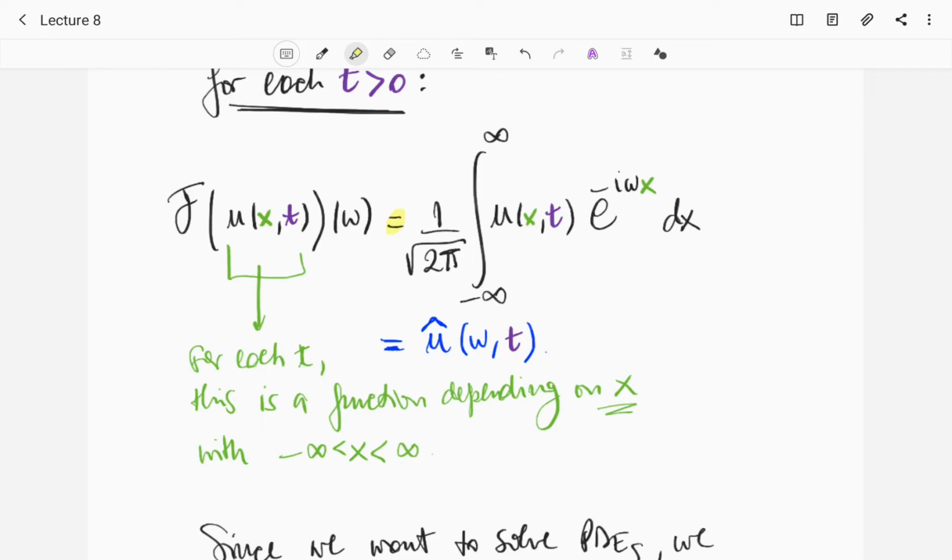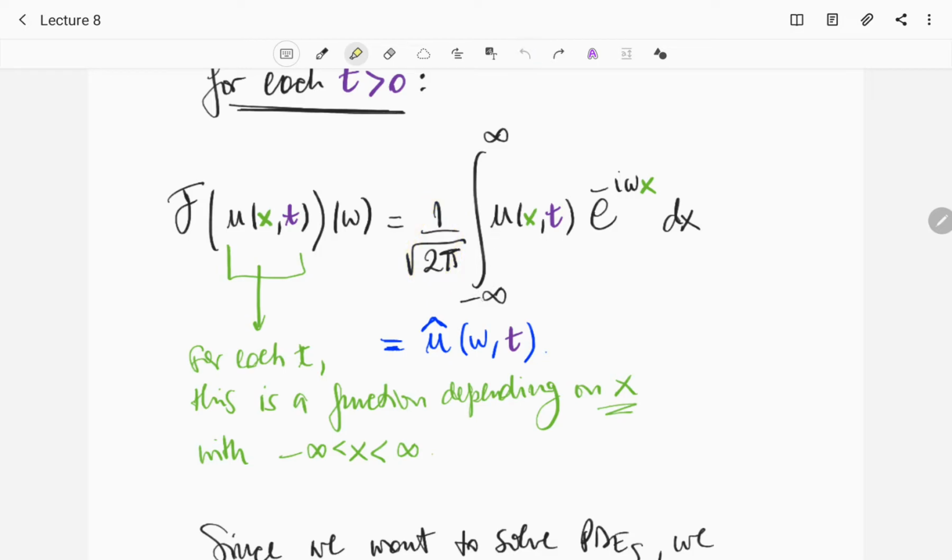Okay, with these four ingredients, the two definitions, the two formulas of Fourier transform, plus these operational properties, plus how the Fourier transform behaves with derivatives, with these four things, we are going to solve partial differential equations.